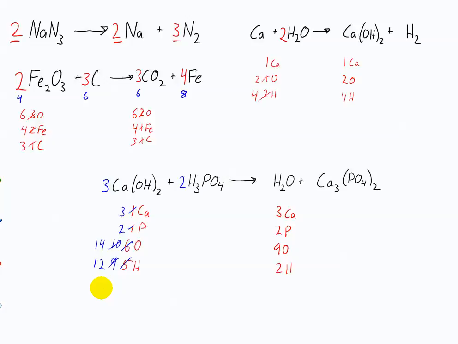Okay. So now let's start looking at those. We'll look at the hydrogen first, because again, it's not in as many molecules. We have 12 on this side and 2 over here, so how do we balance that? Yeah, we're going to need 6 of these.